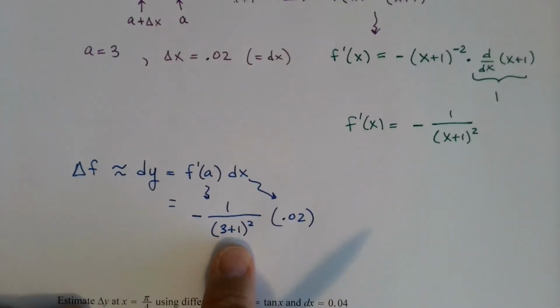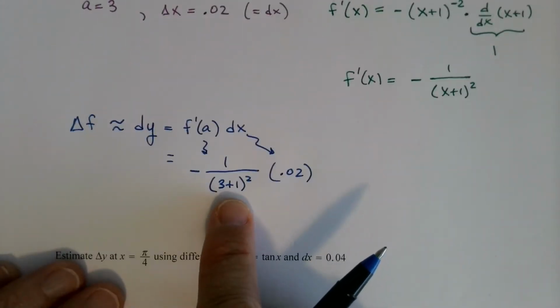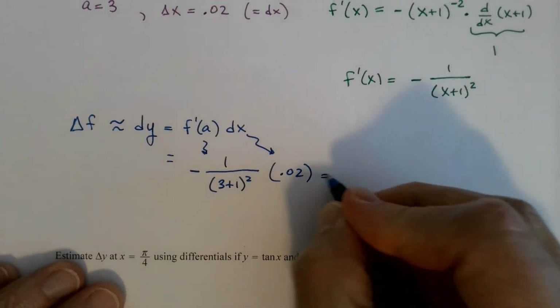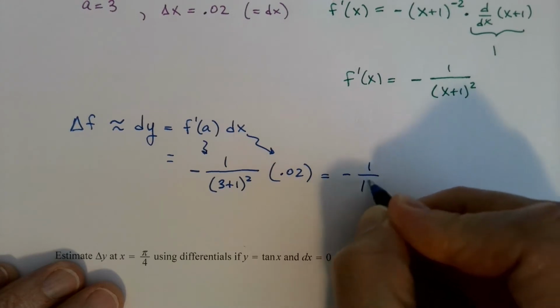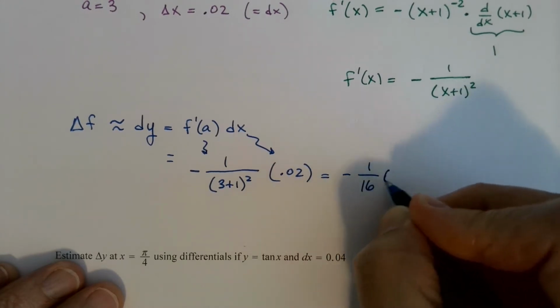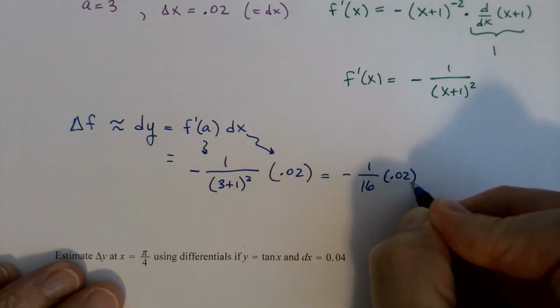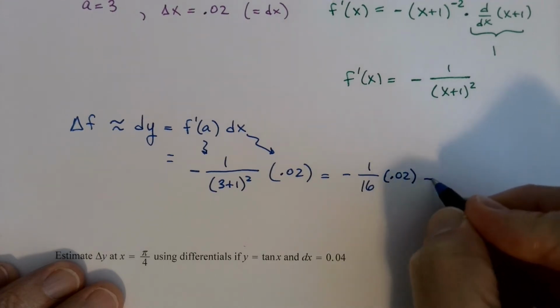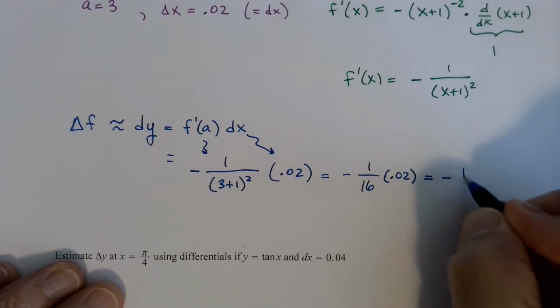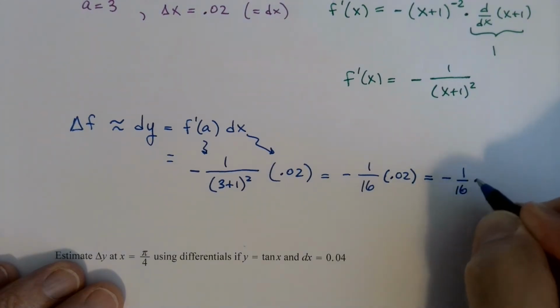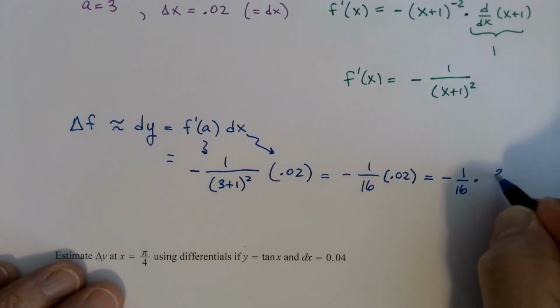So what does this become? I can simplify this. 3 plus 1 is 4. I get negative 1/16 times 0.02, which, if I want an exact value, is negative 1/16 times 2/100ths.